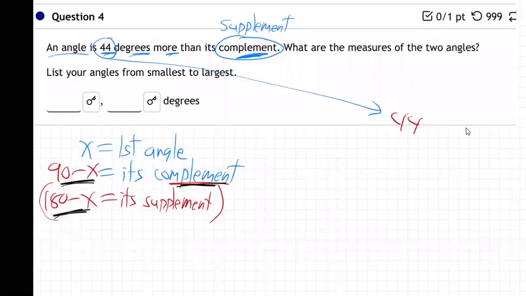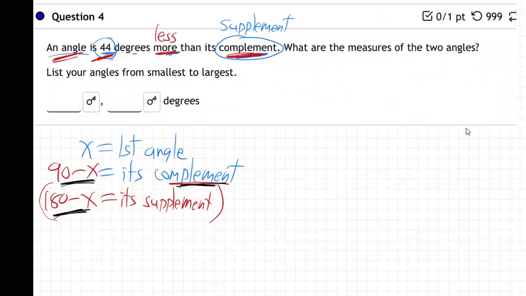Okay, now let's bring the 44 into the program. So what are they saying about the 44? Well, they're saying the angle is 44 more than its complement. And yours might say less. Whether they say more or less, it's the same deal.